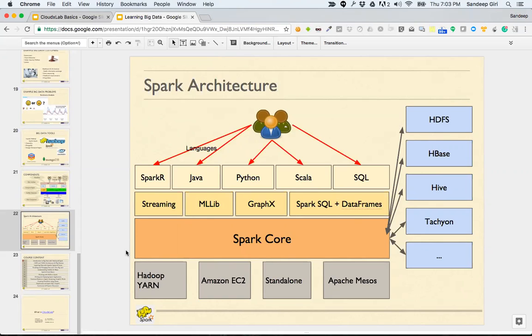Okay. So would Spark also be able to do what MapReduce can do? Yes. Almost every problem that can be solved with Hadoop's MapReduce can be solved with Spark. Okay. So are we saying in future Spark will be more dominant?